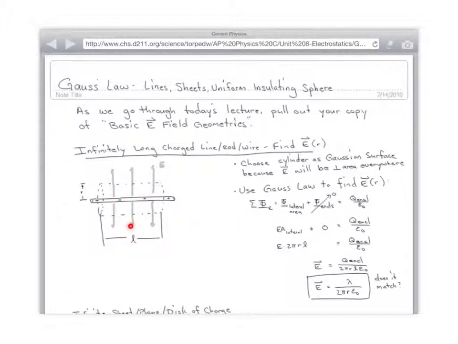Remember, Gauss's law is only true for a closed surface. The wire punches its way through this closed cylinder. Do you mean for the whole entire infinite wire?